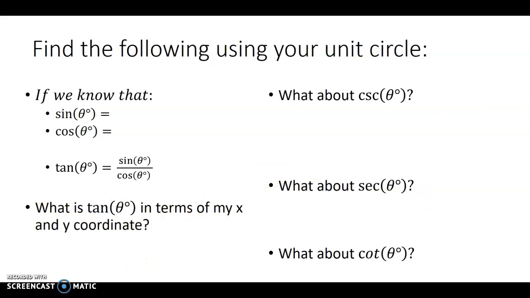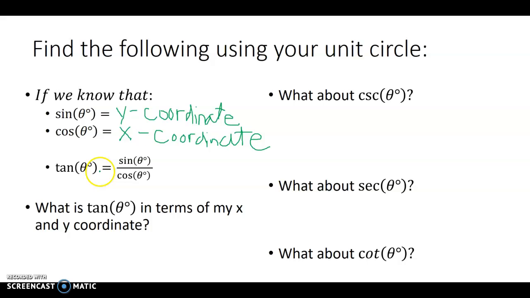Okay? So, based on our findings that we just found, we know that sine is always the y-coordinate on the unit circle. Cosine is our x-coordinate. So how can I find tangent?